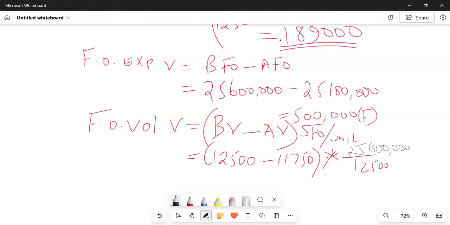Just try your best. Budgeted fixed overheads over budgeted output gives the standard fixed overheads per unit.